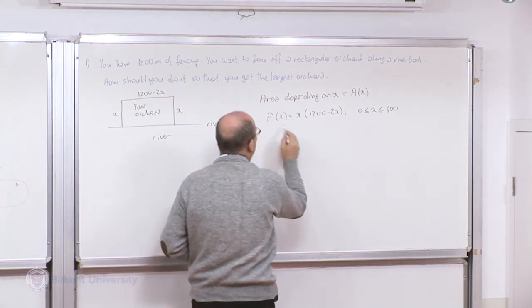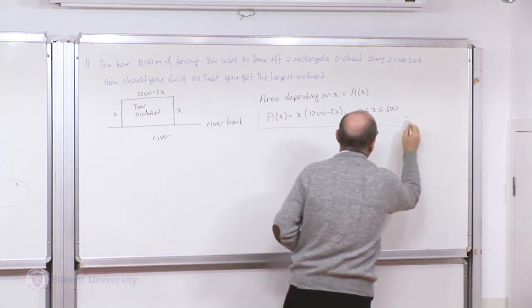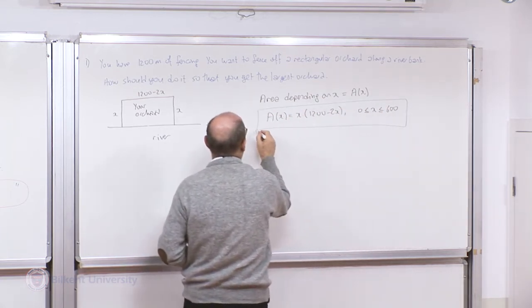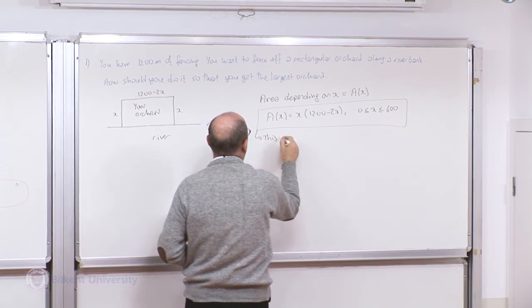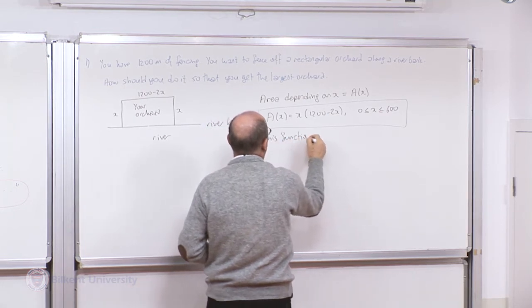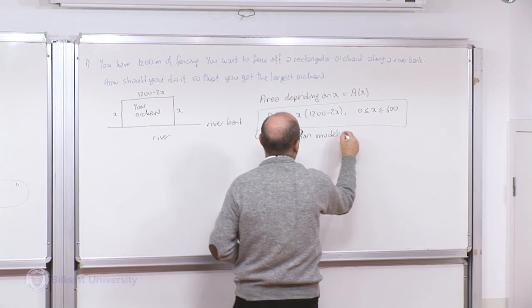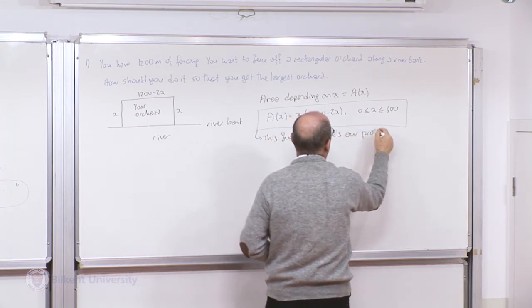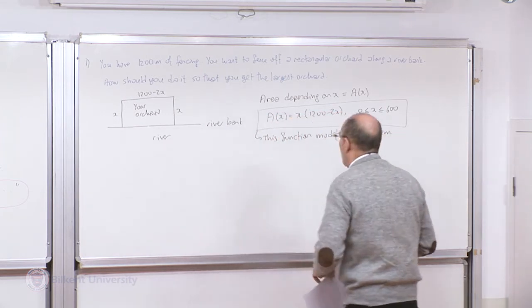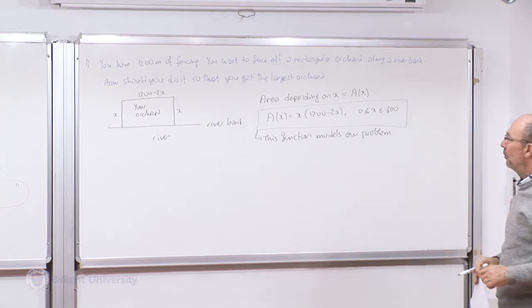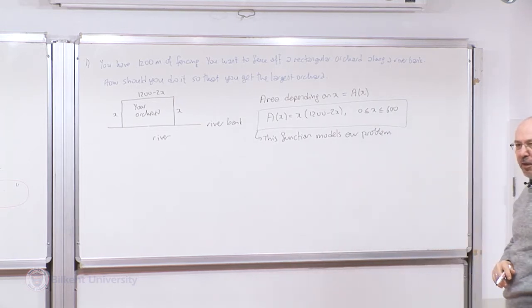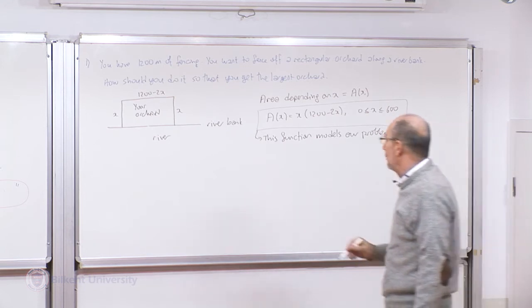Okay, so this is our function. This function models our problem. The problem is to get the maximum area, so we want to maximize this.